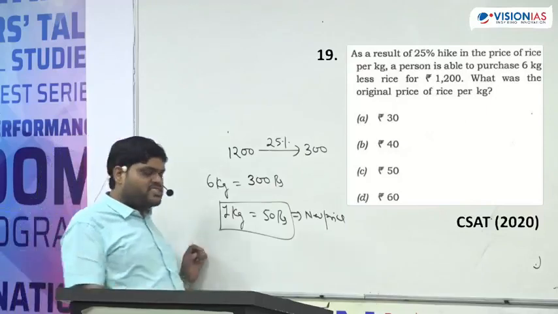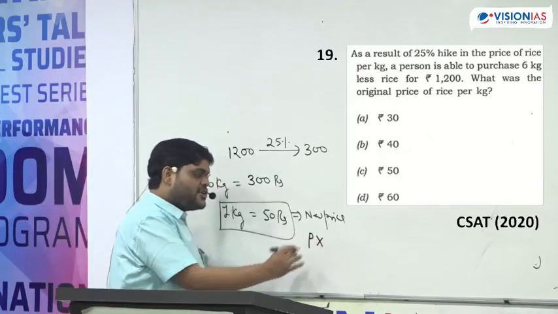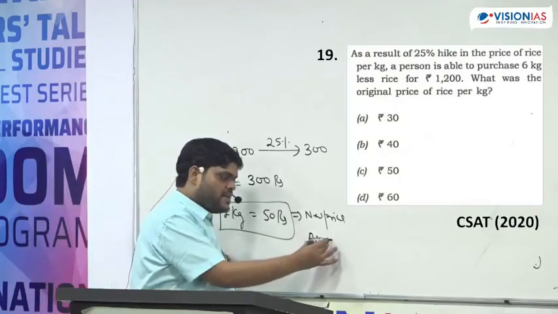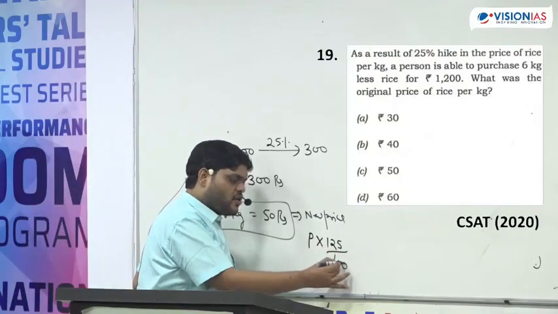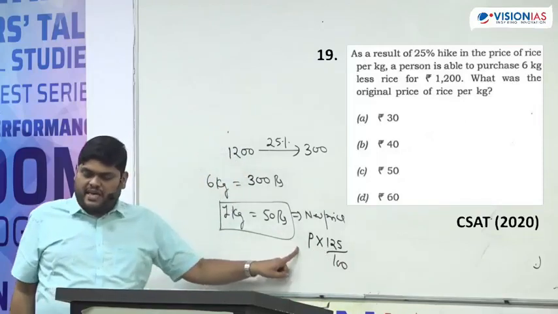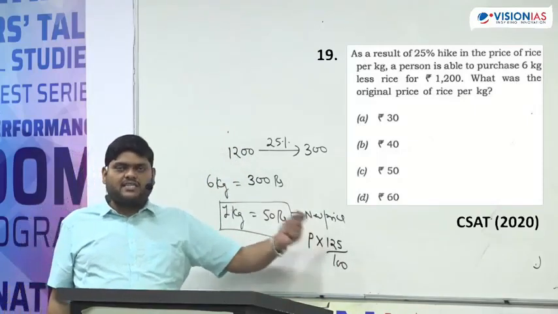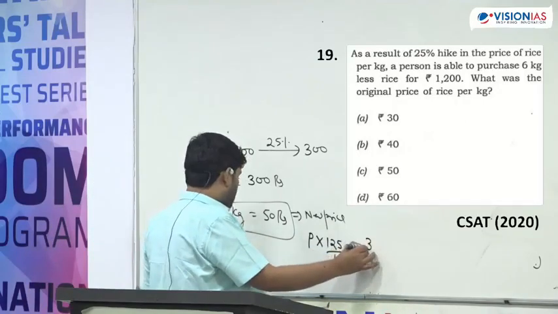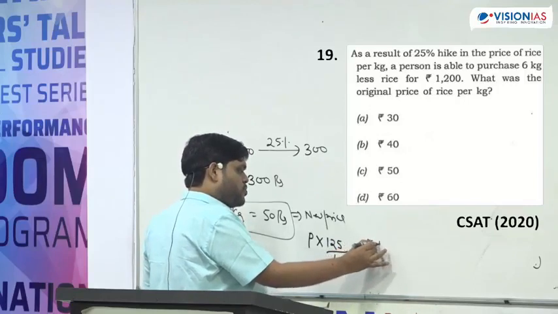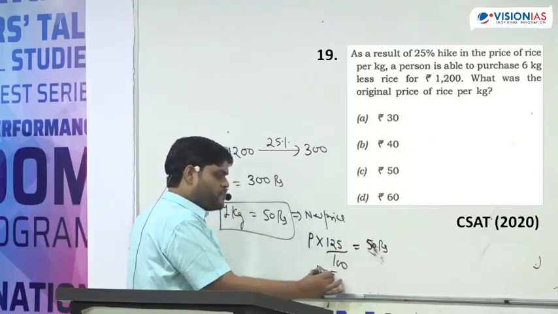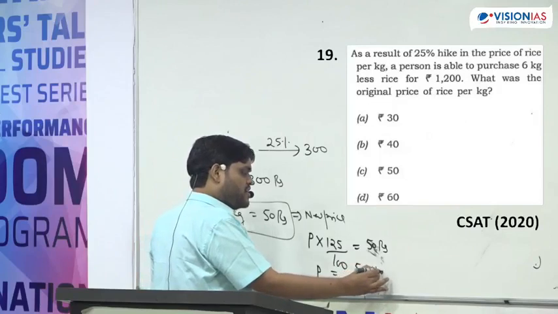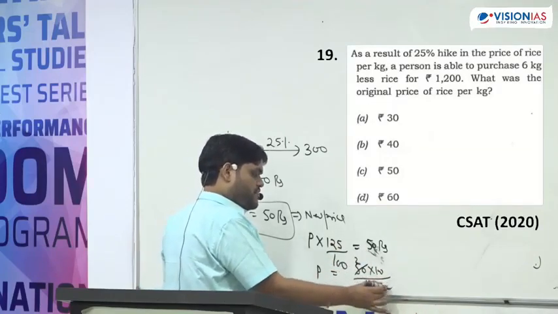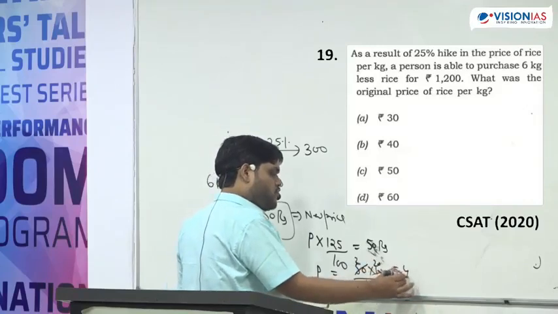So if the original price is P, the new price is 25% more. So 25% more means 125%, or not? 125% of P is equal to 50 rupees. So what is the value of P? 50 into 100 upon 125. 40 rupees.